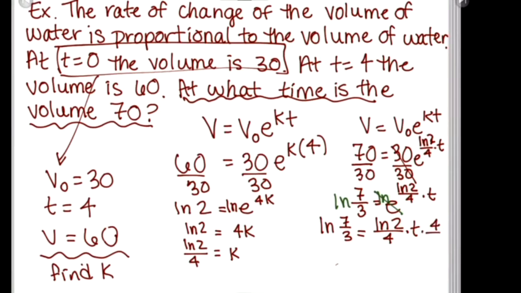So I'm going to multiply by 4 over ln 2 on both sides. And so that's going to get rid of that ln 2 over 4. And then this is my answer for t. It's ugly. You could put it in a calculator and find the exact answer, but that's all we need to do.